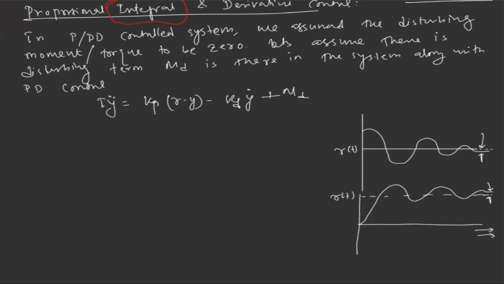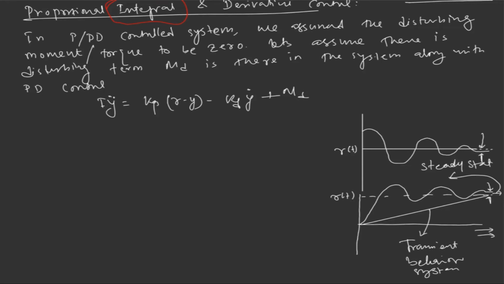From the origin to this time, while it goes to the steady state, is called the transient behavior of the system. Once it reaches the steady state value, it is called the steady state behavior, or steady state response.